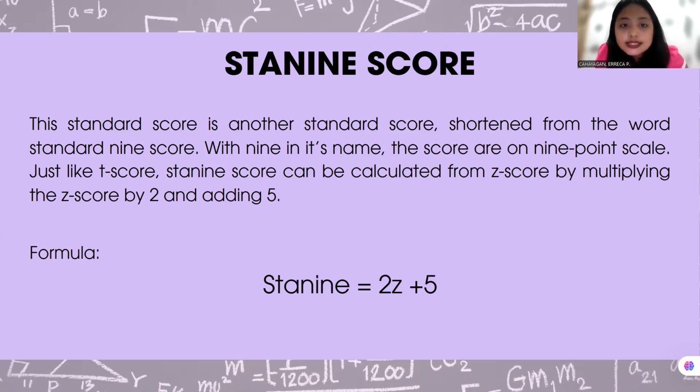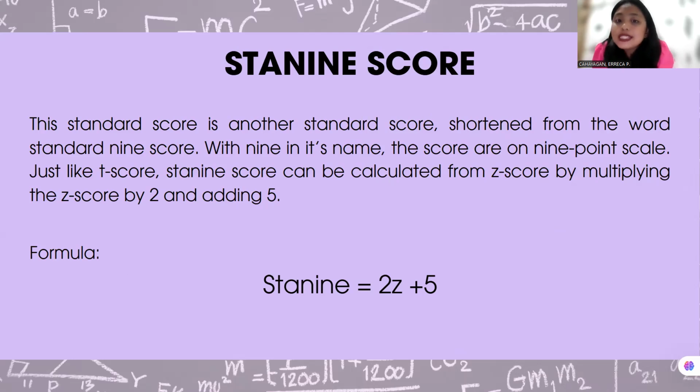The stanine score is a way to simplify and standardize test results by grouping them into one of nine categories, on a numbered scale from 1 to 9.